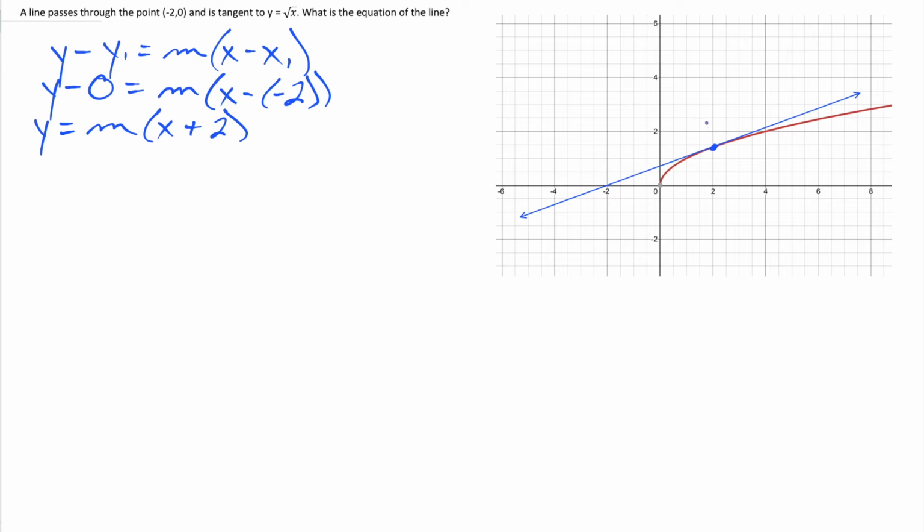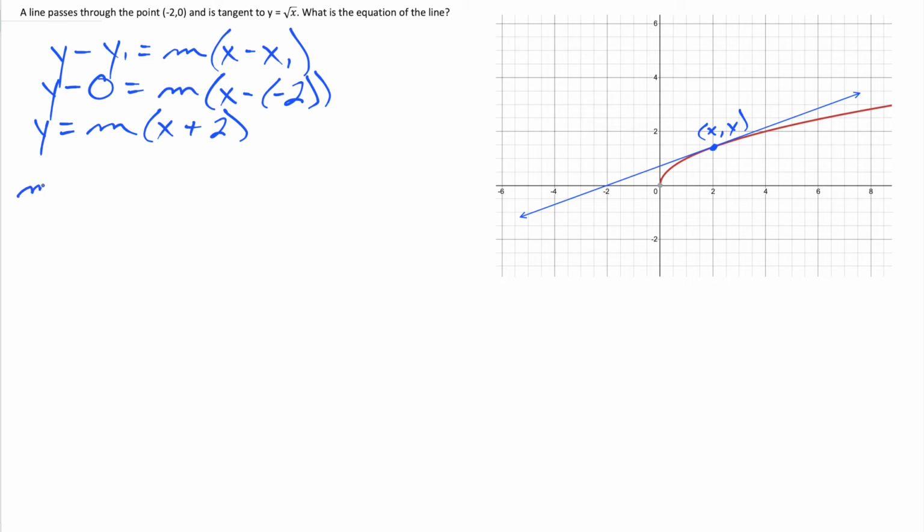We know that if we represent this as x comma y, we can set the slope of this blue line equal to the derivative of our red function here, which is y equals the square root of x at this point, x comma y. So here's how you do that.